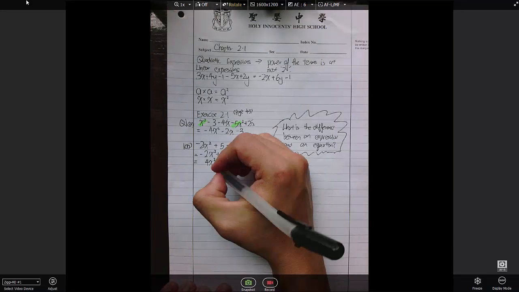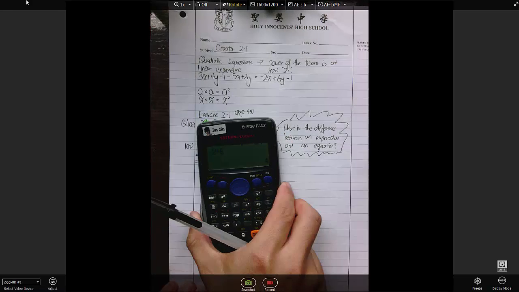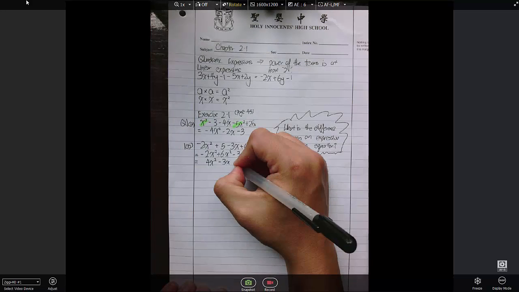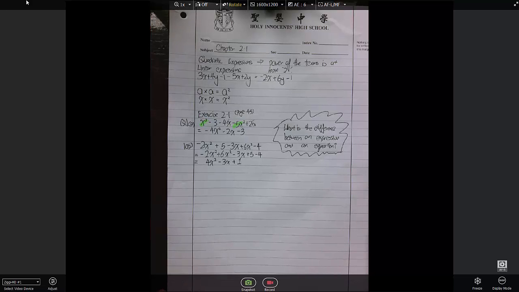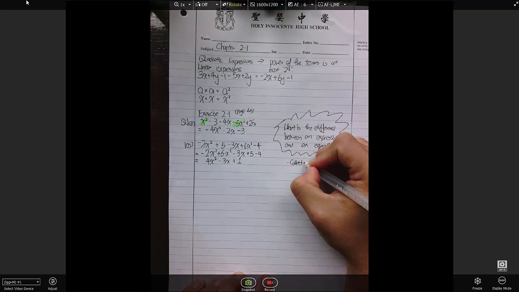Negative 3x is by itself, so it's just negative 3x. And 5 minus 4, if you need to use a calculator for this, that's an issue, is plus 1. And that is question 1b. So the idea here is the collection of like terms.